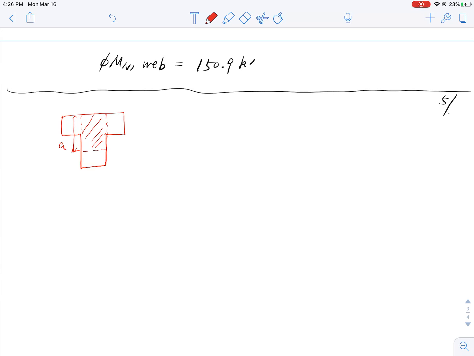Recall that for a rectangular beam, jd equals 0.9d.